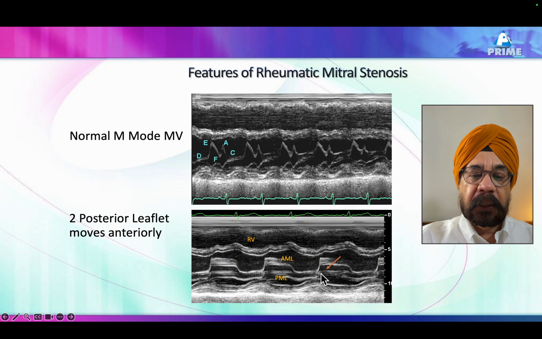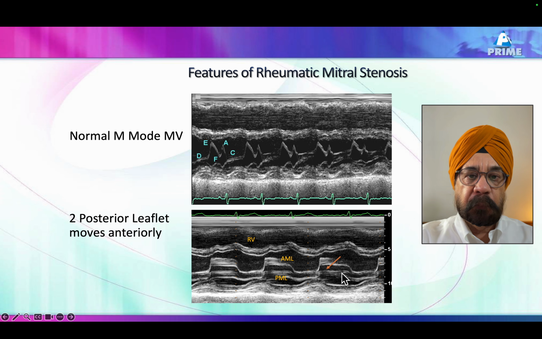And then in mitral stenosis of rheumatic etiology, because there is commissural fusion, the PML is pulled up along with the anterior mitral leaflet, so it produces anterior movement of the posterior mitral leaflet, which is indicative of commissural fusion, a hallmark of rheumatic stenosis.